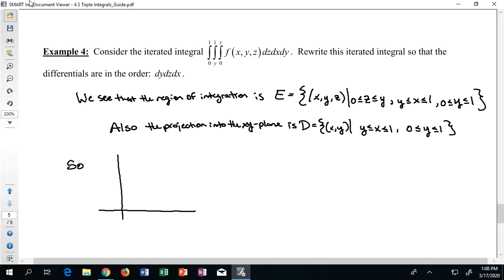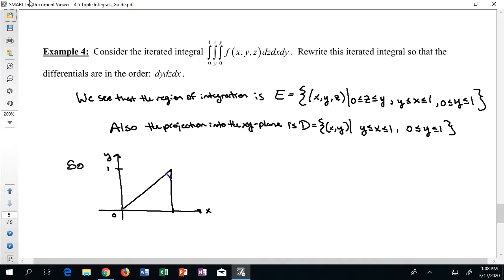Here's a picture of D. I know that my y values go from 0 up to 1. And I know that my x values go from a function y, so that's like the function y equals x, and they go over to 1. So the small side, the left side is the function, and then I hit the value of 1.